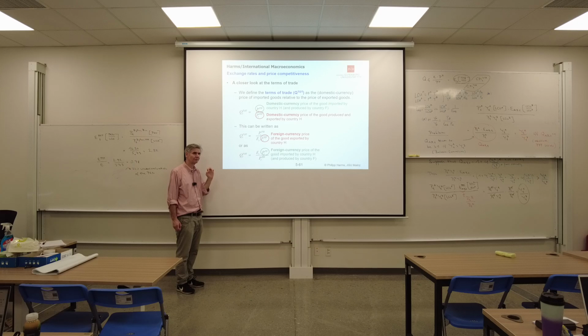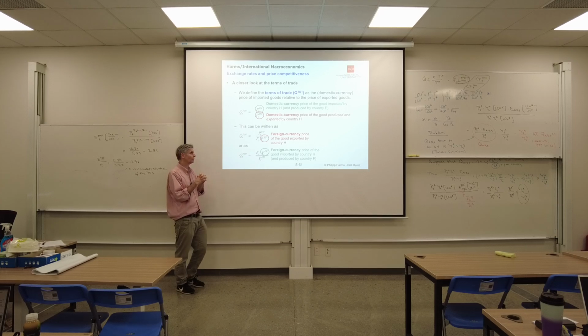The answer is, later on when we talk about the role of the nominal exchange rate, we will see that whether a nominal exchange rate depreciation moves the terms of trade in this or another direction very much depends on firms' pricing strategies.